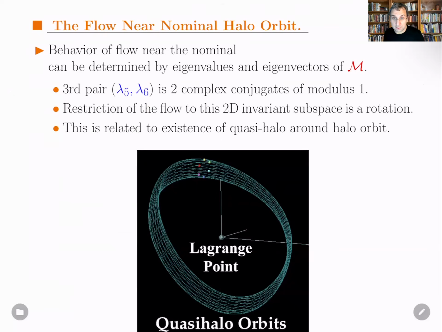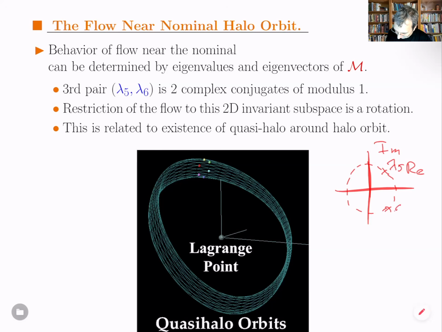Now, the third pair, this is new because of the spatial problem. We didn't have this when we looked at the planar problem and Lyapunov orbits. The third pair are two complex conjugate eigenvalues of modulus 1. So if we're looking at the real and imaginary parts, there's a modulus 1, and these two are just a complex conjugate pair on the unit circle.